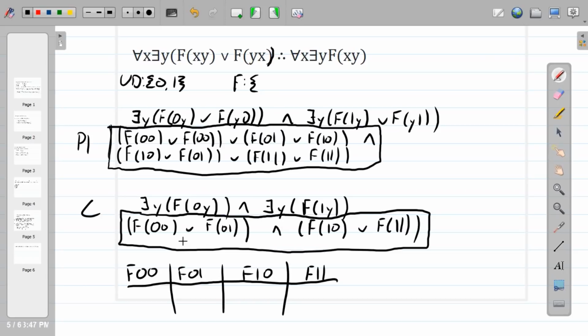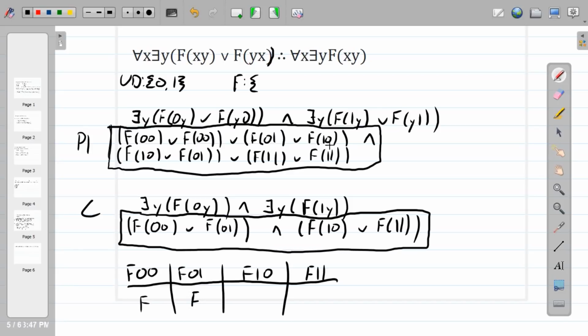Okay, so let's just pick a set, see what happens, and then go back and fix it if we messed it up. So let's start by making F00 and F01 both false. Let's see what happens. Okay, so if that's false, then this conjunct is false.